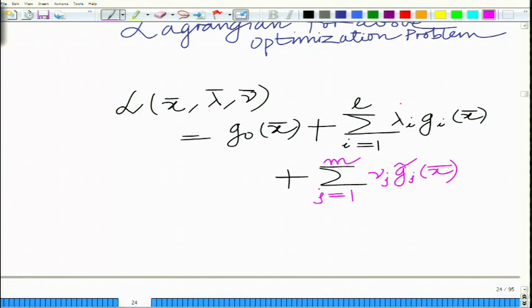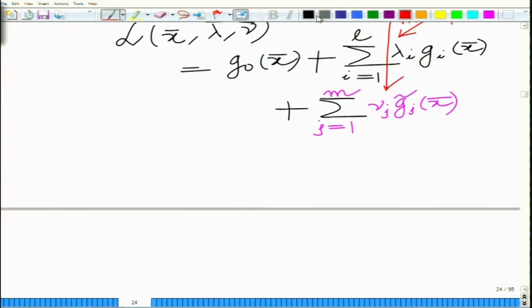Now, these quantities are the Lagrange multipliers, and we have already seen this to some extent. What are the Lagrange multipliers? These are the lambda i's, that is, lambda 1, lambda 2, up to lambda L, and nu 1, nu 2, up to nu m.